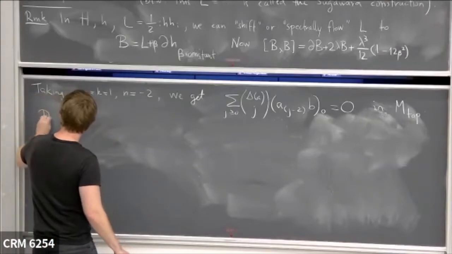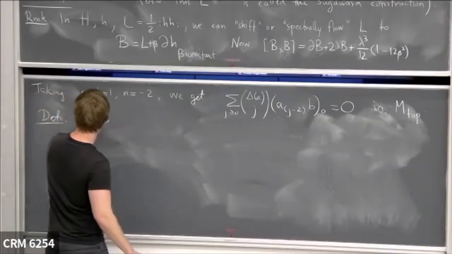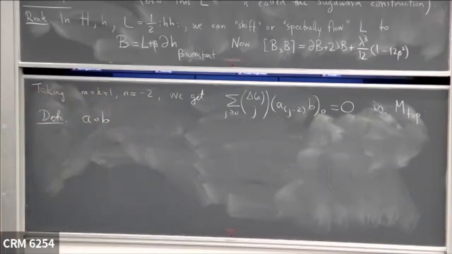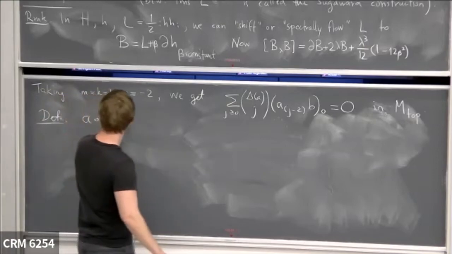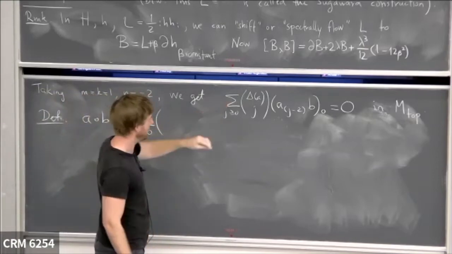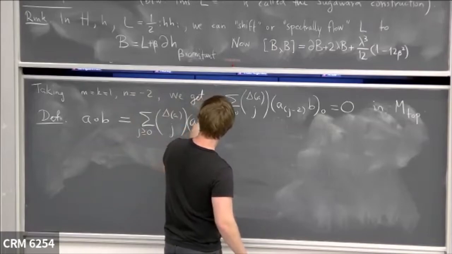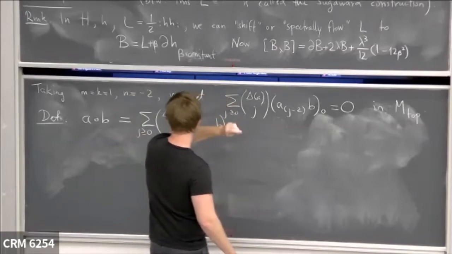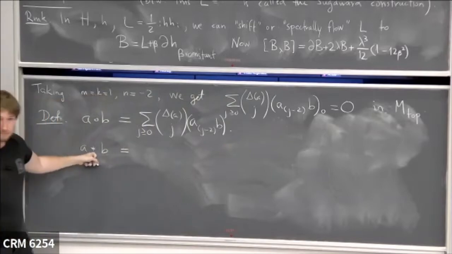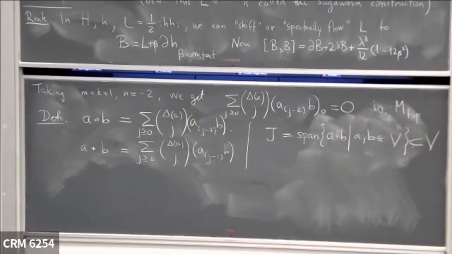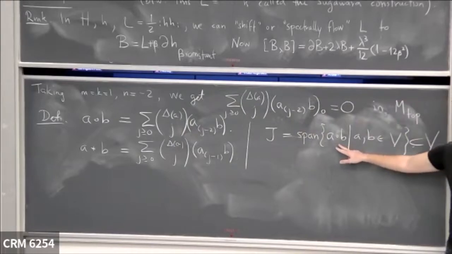Okay, so let's define a little circle product. There are infinitely many products in the vertex algebra. I'm going to introduce yet another one, but it's just some linear combination of the other products: A j minus 2 B, and A star, let's say, j minus 1 B. And let me consider the linear span J of all of these circle products.